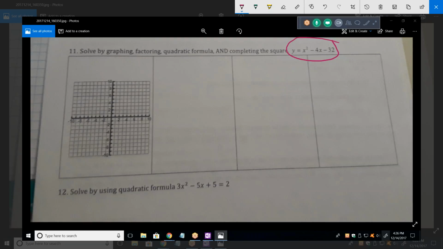And then I'll know where to start my graph. I don't have any idea where to start my graph now because it's in standard format. That's standard format. If I want to graph it, I got to get it in either Vertex Format or X-Intercept format. And X-Intercept format's much harder to get it into.